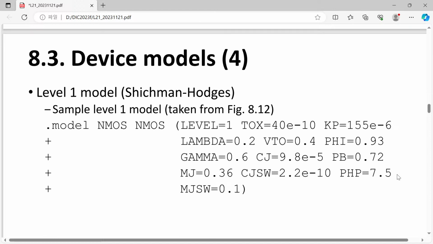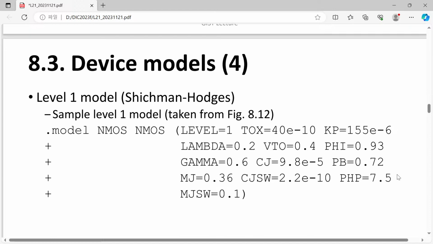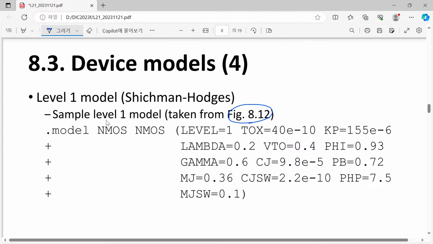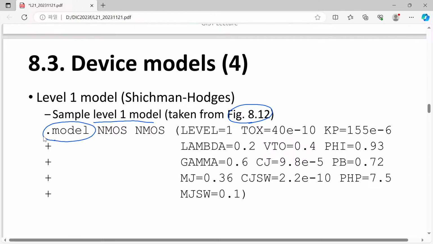So now let's go to this example. I took it from our textbook example, figure 8.12, and this one shows a sample of the level 1 model. So that model specifies the specific name, I mean the MMOS. So when you say MMOS, actually it is NMOS.